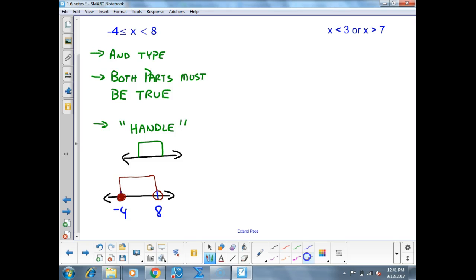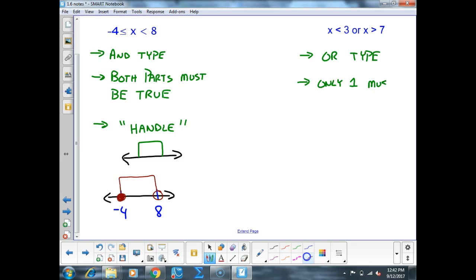The other one is an OR type, and in an OR case only one part has to be true.